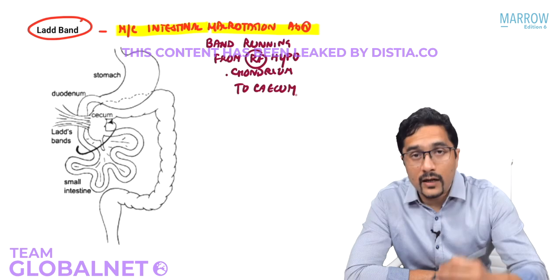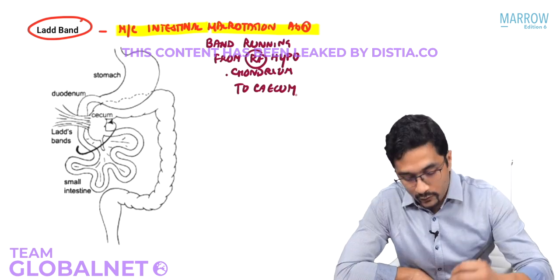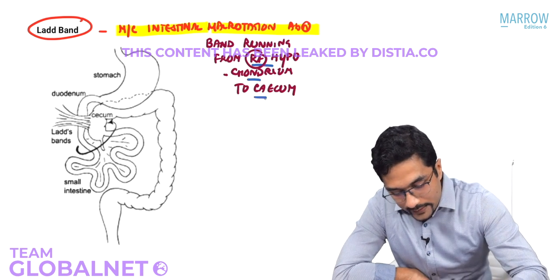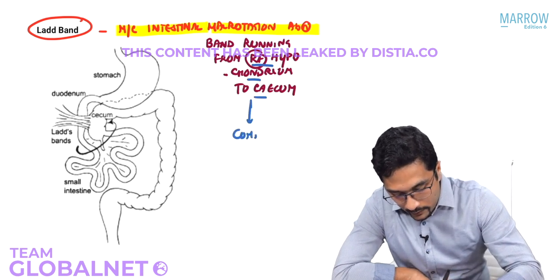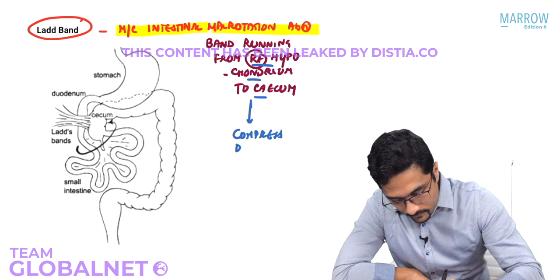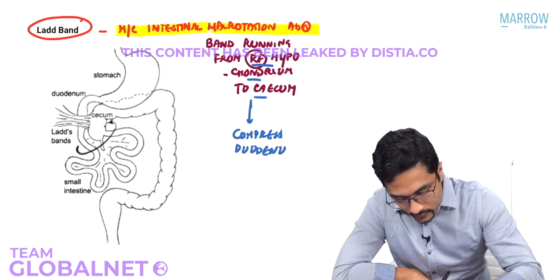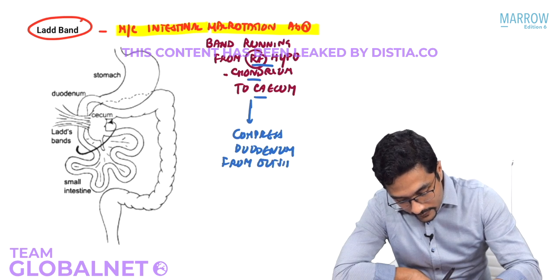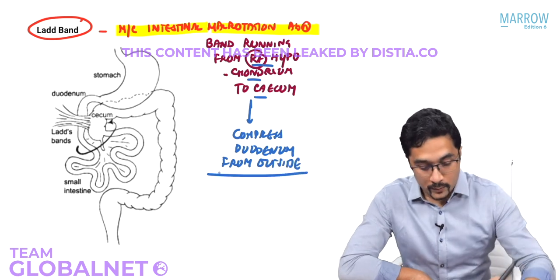When this band runs from below the liver to the cecum, it compresses the duodenum from outside, giving rise to intestinal obstruction.